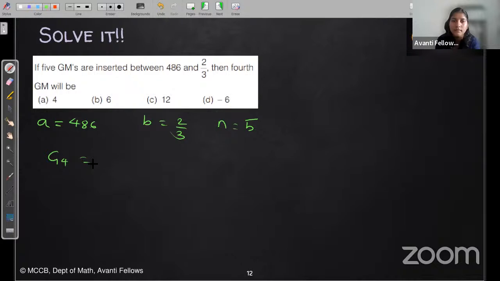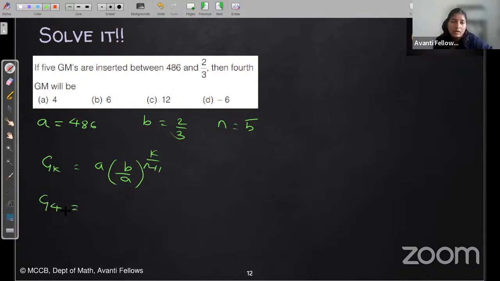Okay. So we already know, what is that? Gk is equal to A into (B by A) whole raised to K divided by N plus 1, right? Correct.